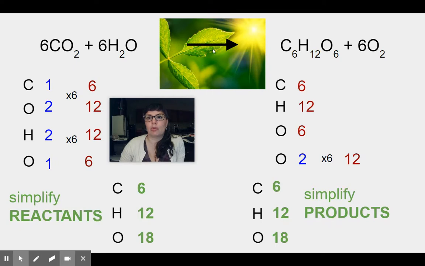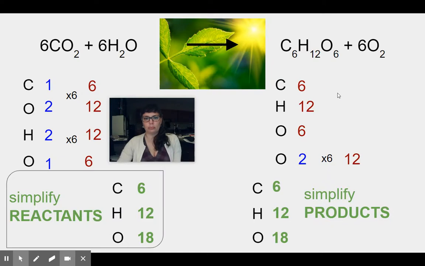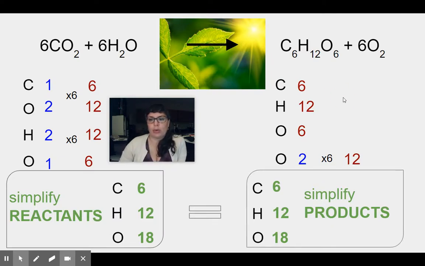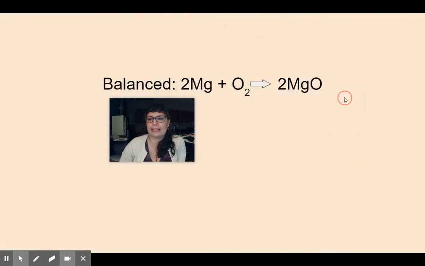If you remember, a chemical change turns something into something new. So in a chemical reaction, matter can't be created or destroyed, it just gets rearranged. Okay? So we have equal sides. Yay!